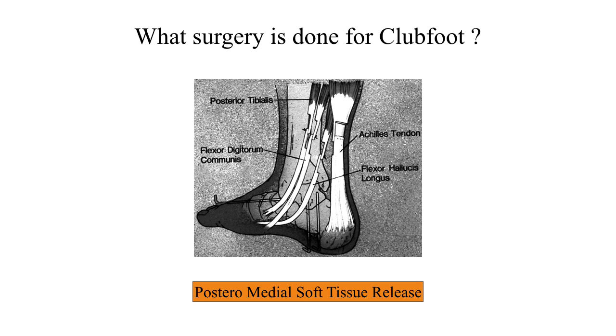So these are the 4 tendons along with other soft tissues like the capsules and the ligaments on the posteromedial aspect of the ankle joint, subtalar joint and midtarsal joint. So the surgery name is posteromedial soft tissue release, and the soft tissue includes muscles, ligaments and capsule.